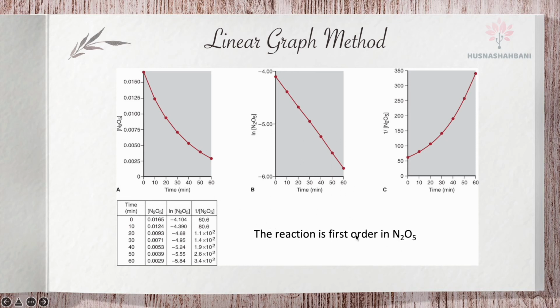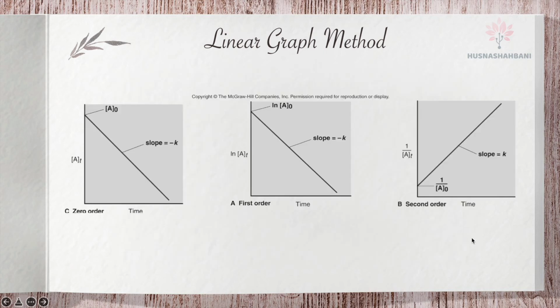That's how you determine the order of reaction using linear graph method. For zero order, linear graph, slope equal negative K. For first order, slope is equal to negative K as well. But for second order, slope equal to K. Because its gradient is positive, these two, 0, and first order gradient is negative.